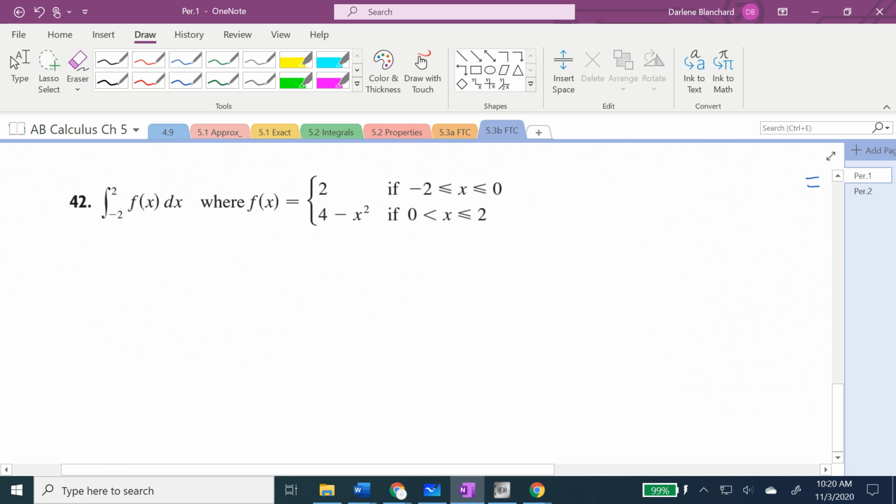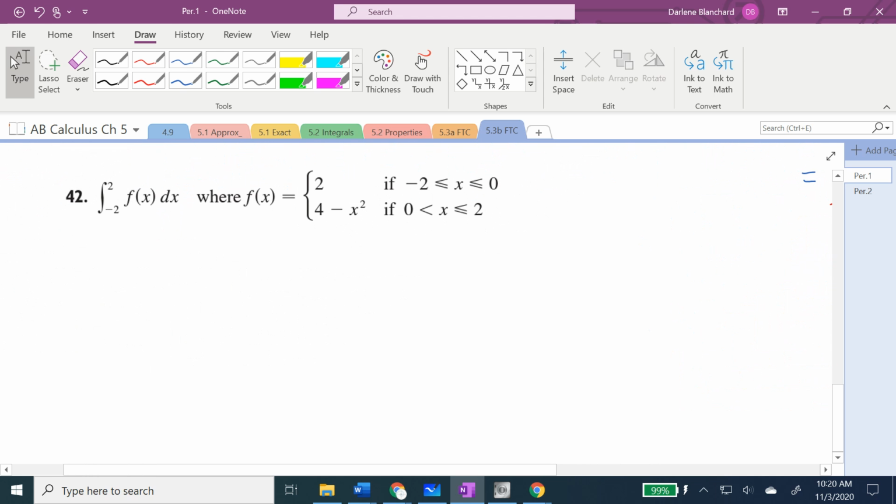This one, I'm not going to finish it because it is a homework problem, but let me first draw it out because I want you to see what's going on. From negative 2 to 0, we're literally just following a horizontal line of y equals 2.